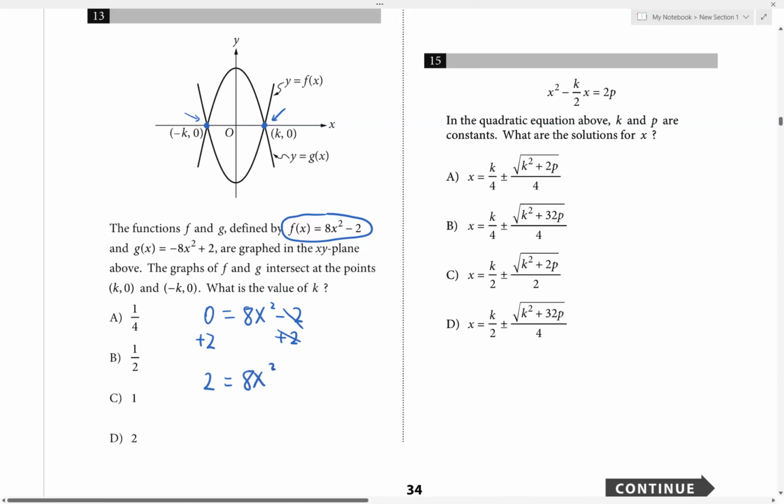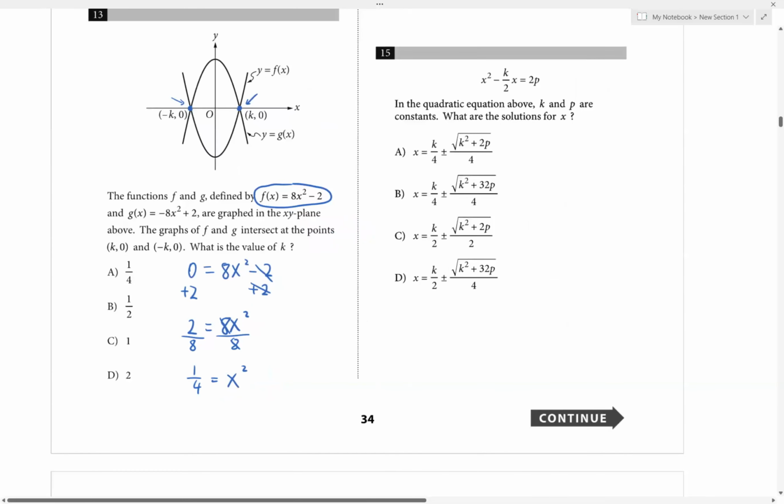To solve for x, we need to get rid of the a multiplying in front, so we divide both sides by a. We get 2 over a, which is 1/4, equals x squared. Then to solve for x, we take the square root on both sides.